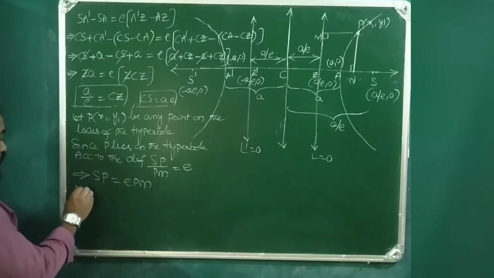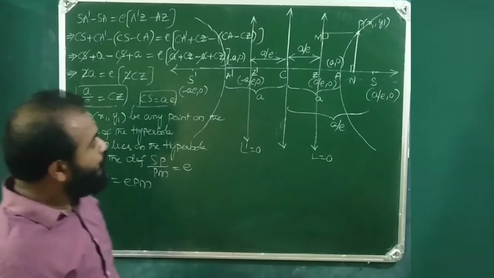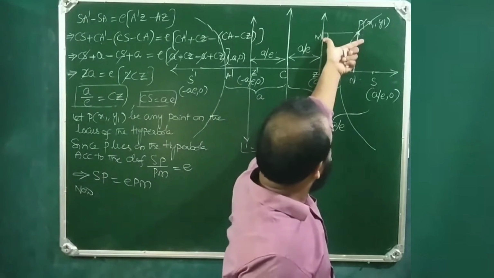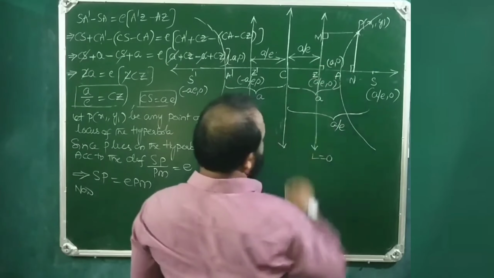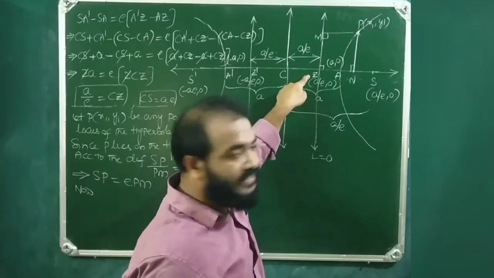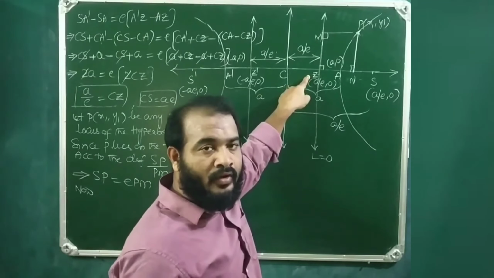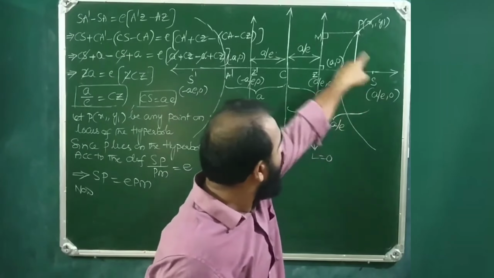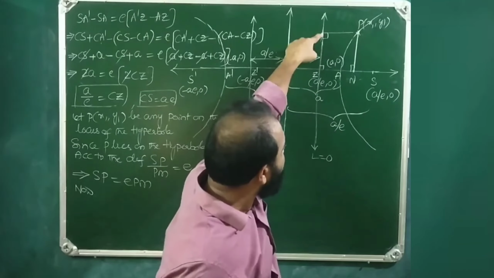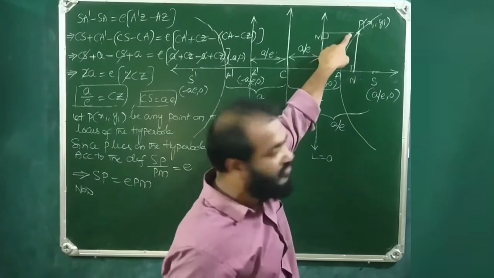So now, what is PM here? PM equals NZ, because what is Z? Z is the projection or normal or perpendicular of S on the directrix. So this is 90, this is 90, this is 90, obviously this is 90.